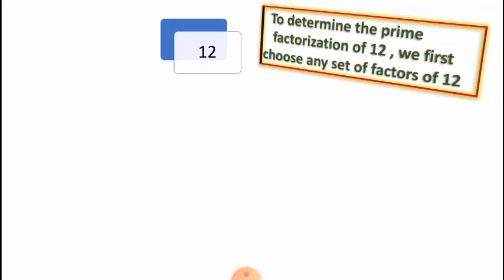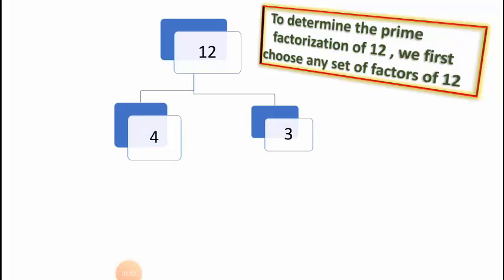Let's say the number is 12. As per the algorithm we learned, we will first express this number by choosing any set of factors for it. Let's take the set of factors for 12 as 4 and 3. From these two factors you can see that 4 is not a prime number, so we will again break it into its factors, whereas the number which is prime we will circle.